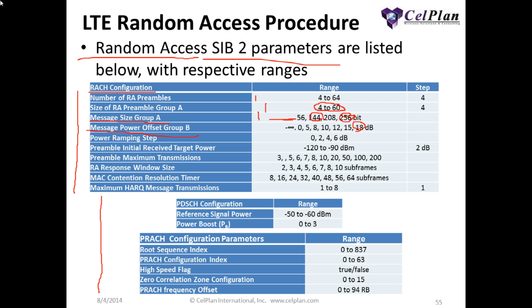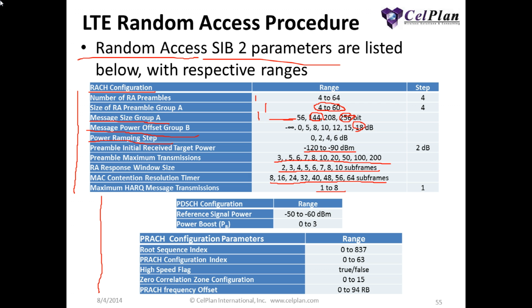Then it will specify the power ramping step that can be 2, 4, 6, or even 0. It specifies the preamble initial received target power, the maximum number of preamble transmissions, when the response should be expected, how many frames later, and then the MAC contention resolution and the number of HARQ retransmissions.